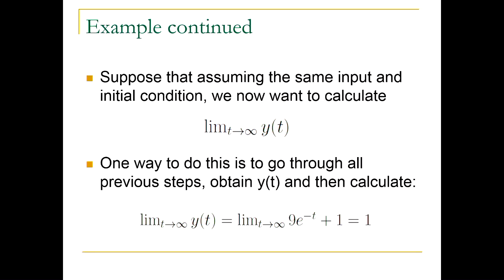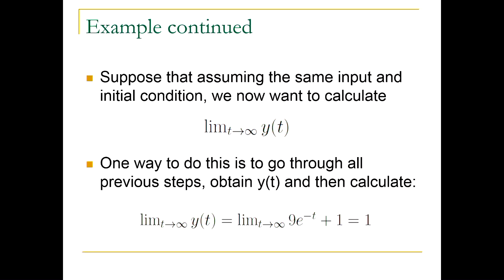For that step, you just need to use mathematics on limits of time-varying functions. Obviously in this case exponential to minus t will go to 0. So obviously this will just tend to 1.